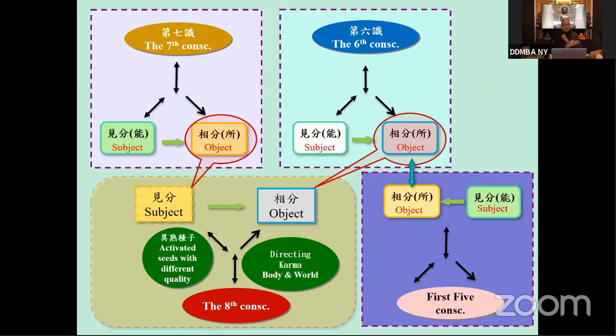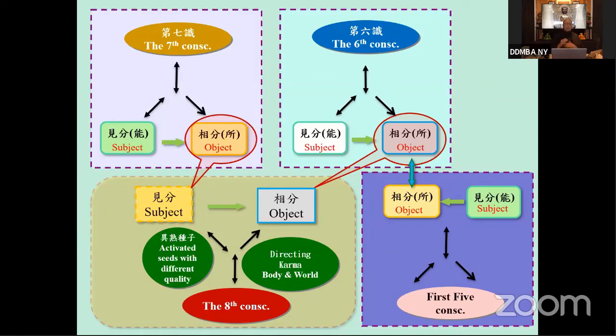And then through the help of the seventh consciousness, the sixth consciousness is able to access a certain database, a certain data pool, and match and tell you, okay, this is a red apple. Okay, so that's what Yogacara explains.